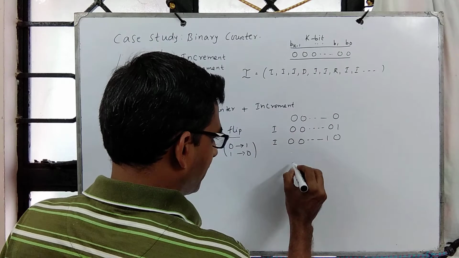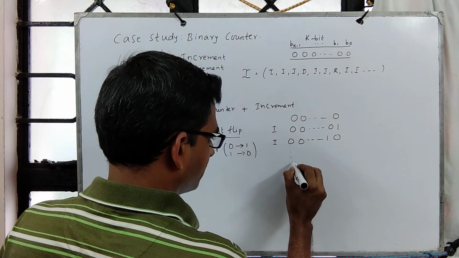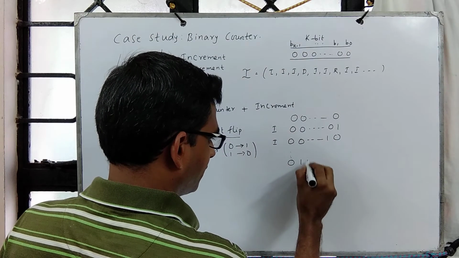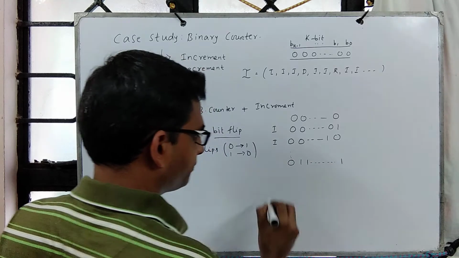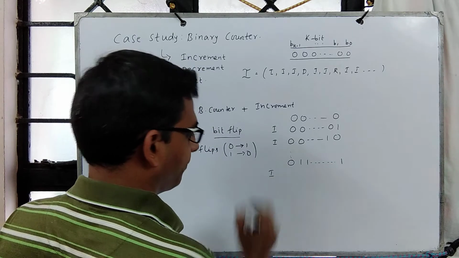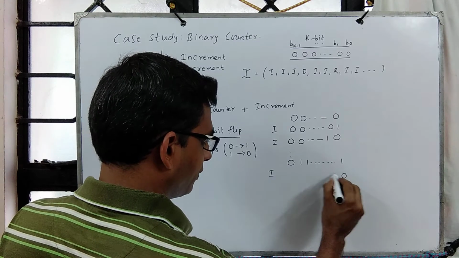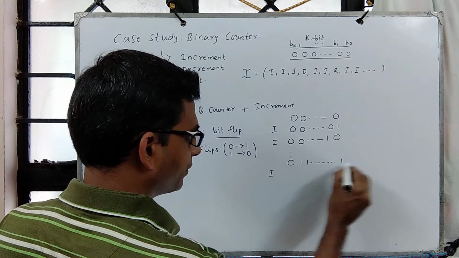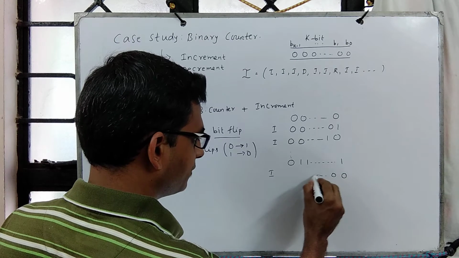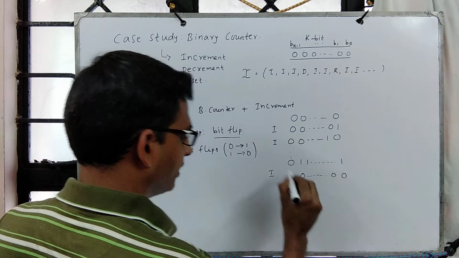You may look at a configuration like this, wherein you have all this. Now we perform an increment. Now when we perform an increment, this will become 0. It is something like adding 1 to this binary value. So all this will become 0, then this will become 1.